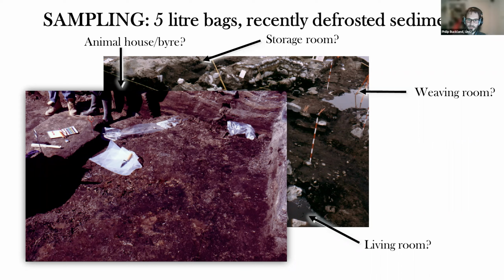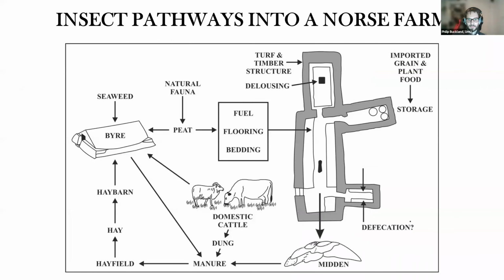And areas like the corners or the edges can preserve a pretty good continuity of this, but of course you're going to get hiatuses where bits are missing. And we try to understand that in terms of where the samples come from, and this sort of cyclic process of bringing in things from outdoors, throwing them out again, throwing them on the fields, and then bringing them in again. And it's quite fun.